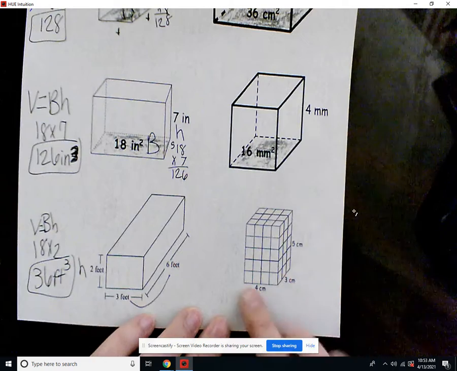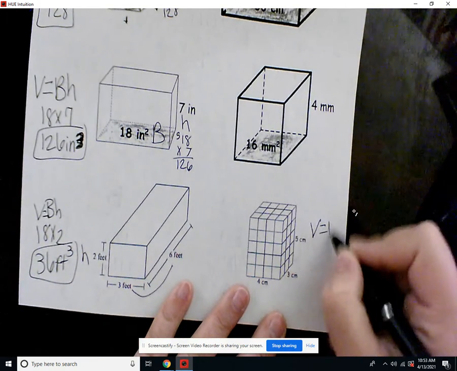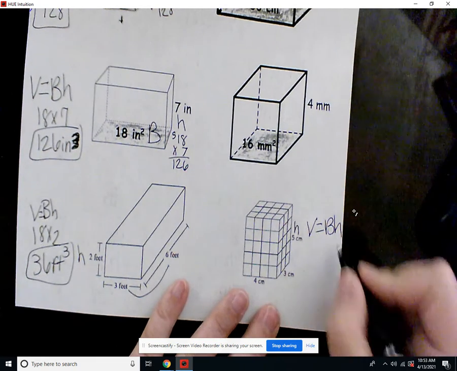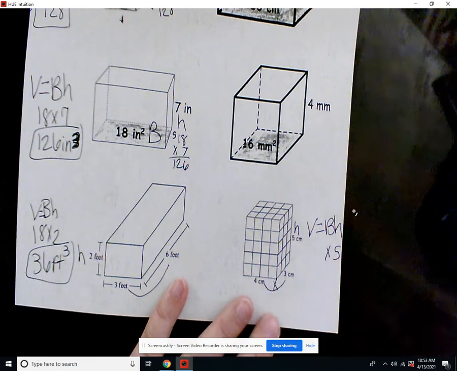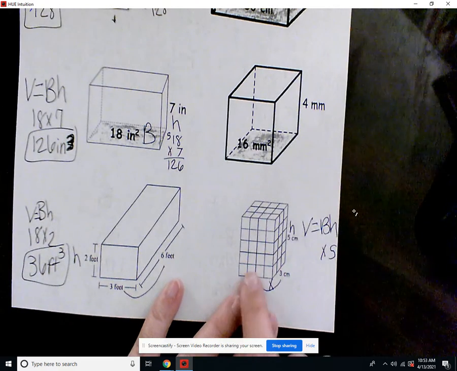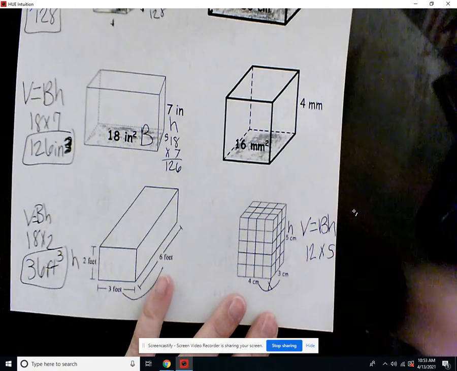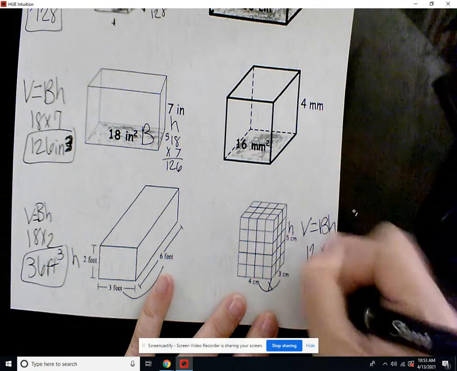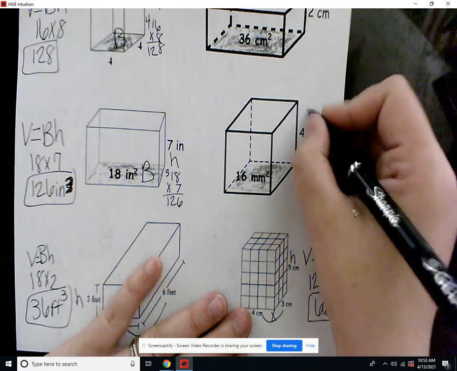Again, we don't see what the base really looks like, what shape, but we can identify the height, which is the number that is how tall it stands. So we know it's going to be 5, which means these two numbers are our base. We multiply 4 times 3, which is 12. And then 12 times 5, which is 60 centimeters cubed. Okay, so again, there's your height.